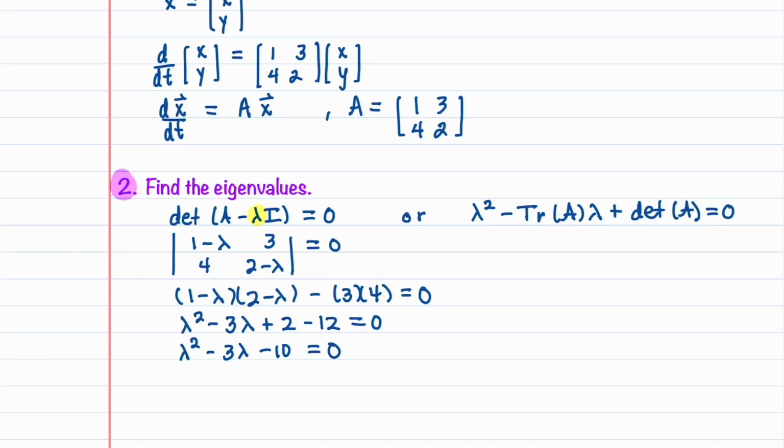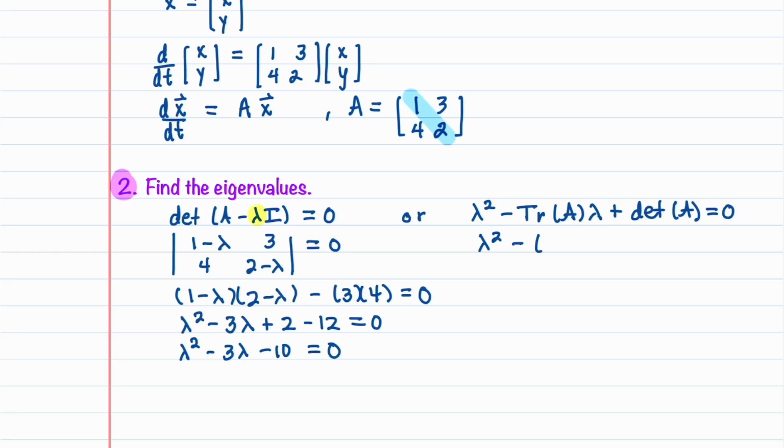Now, before I find lambda, let's go over here to the right, and I want to show you how we're going to get the same equation using the trace and the determinant. This gives us lambda squared minus the trace of A. Let's go back up here and look at this. If we look at matrix A, the trace is going to be when we add the main diagonal elements.